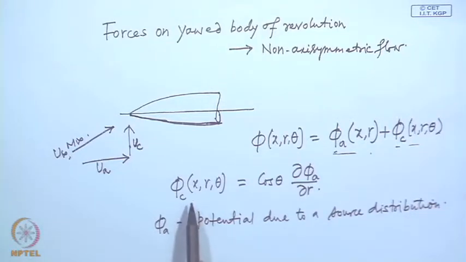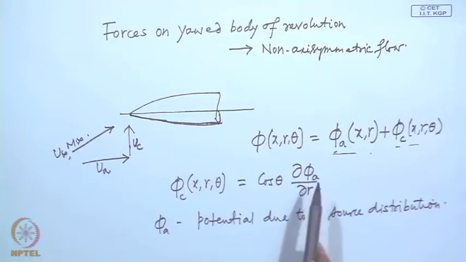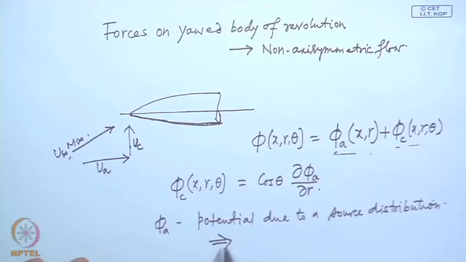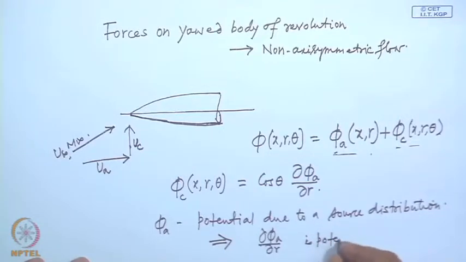Now, since the cross flow potential is simply a derivative of this potential, which is potential due to a source, and we know that the derivative of potential due to a source represents potential due to a doublet, this implies d phi a dr is potential due to a doublet.